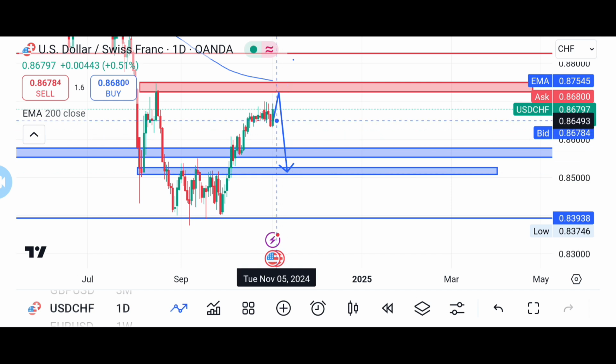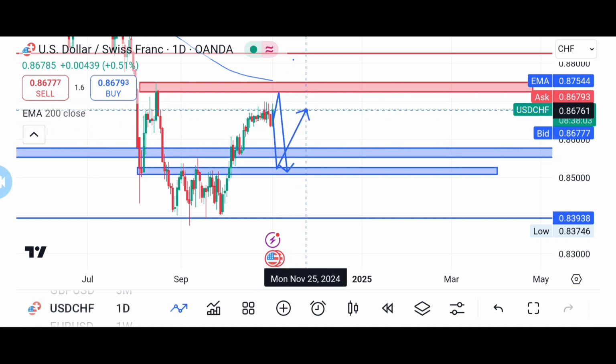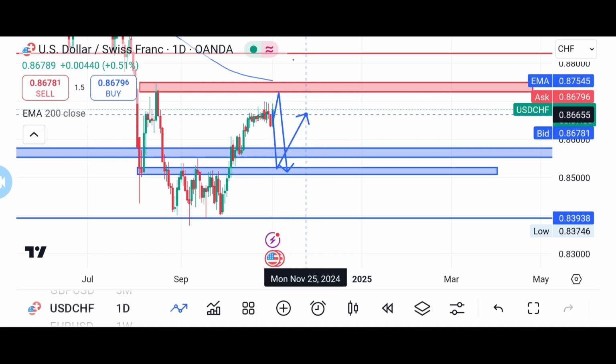Scenario number 2. Sellers might come directly, form that inverse head and shoulder, and then push the market upward. So our TP1 for buy will be here after forming this inverse head and shoulder.